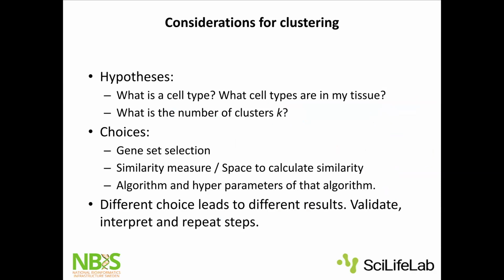But already when you start with your experiments, you have some sort of hypothesis. You think about what are the cell types? How many cell types do I expect in my tissue? How many clusters do I expect in my tissues? And you make a lot of choices based on whatever hypothesis you have to start with. So you select different number of genes depending on how complex your tissue is.